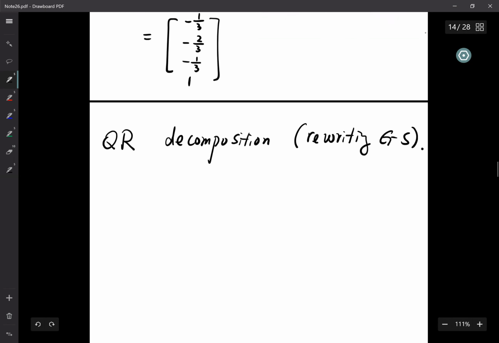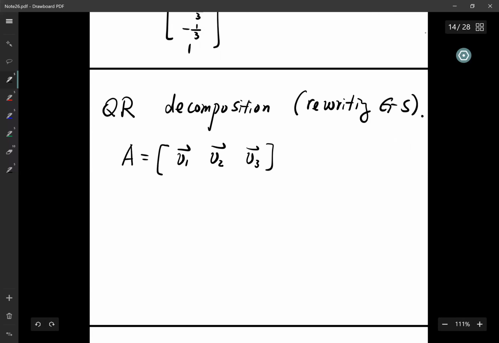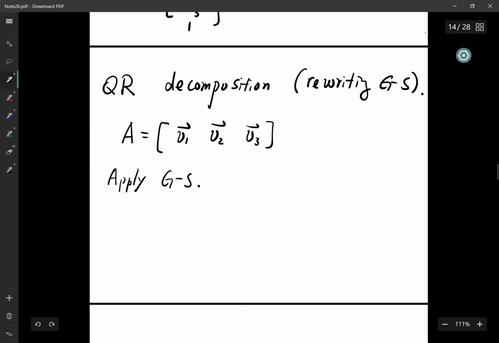What do I mean? Let's say I start from a matrix A given by 3 columns, V1, V2, V3. Now I apply the Gram-Schmidt. How does it look?